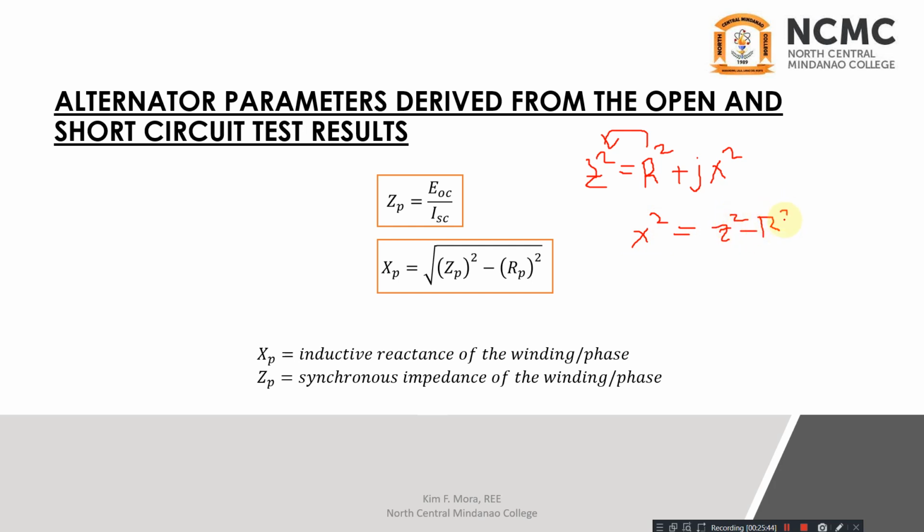Then take the square root to cancel the squared, so what remains is Z squared minus R squared. That is how we derive the reactance. Okay, so next is the relationship of impedance to the short circuit and open circuit test results.